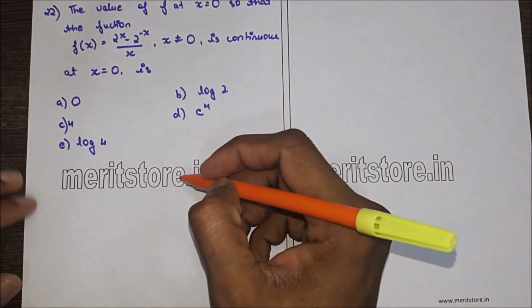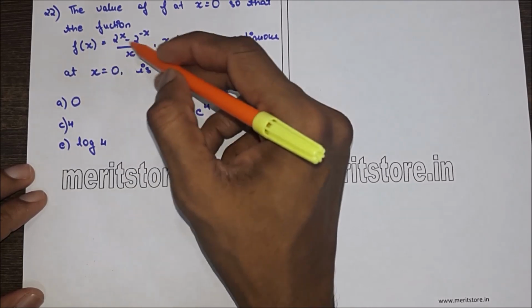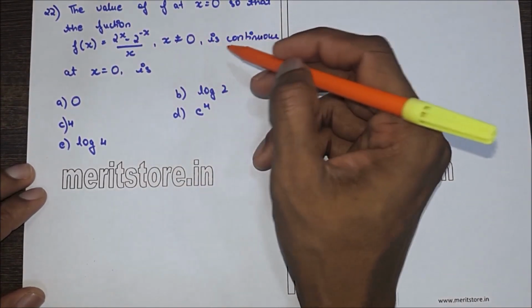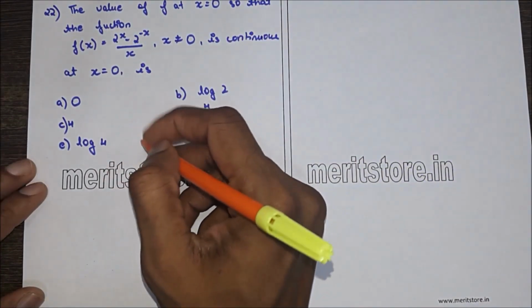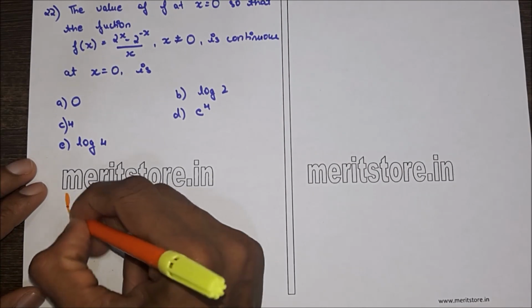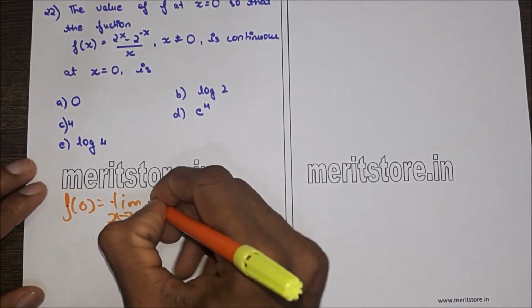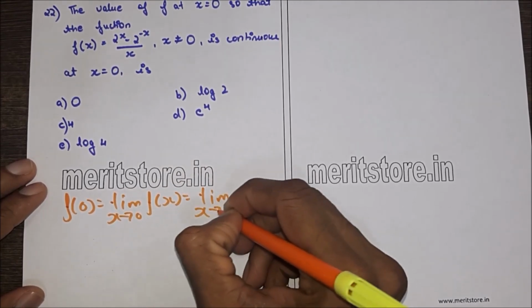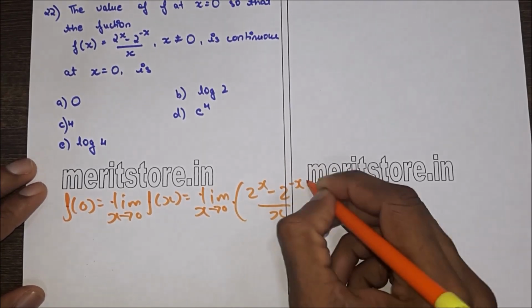Question 22. The value of f at x equal to 0 so that the function f of x is equal to (2 raised to x minus 2 raised to minus x) upon x, where x is not equal to 0, is continuous at x equal to 0, is, again, 5 options in this. For f of 0 equal to the limit as x approaches 0 of f of x, we get the limit as x approaches 0 of (2 raised to x minus 2 raised to minus x) upon x.